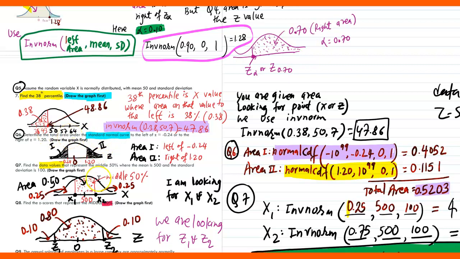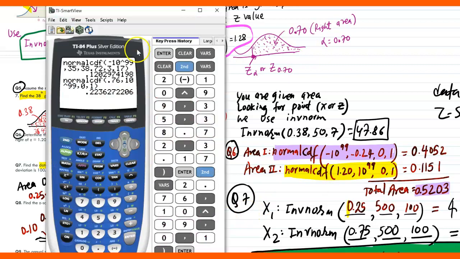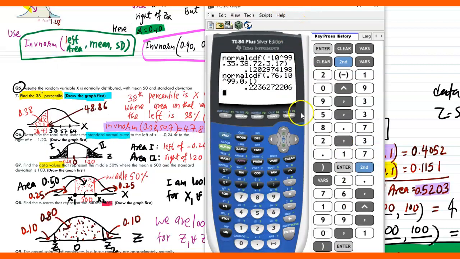There is another way to do it. What's another way? You find this middle white area, correct, and subtract from 1 to get the remaining area. Therefore, rather than doing this one, you can just find the middle area. Well, how do you find the middle area? You know how to find the middle area? Again, let me clear that here.